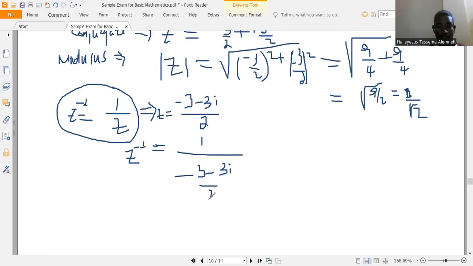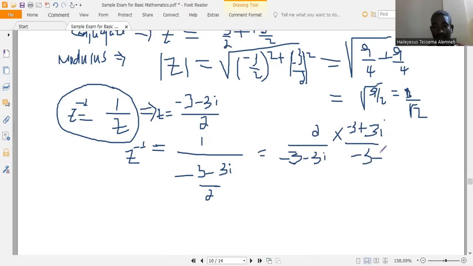Which is the same as 2 over minus 3 minus 3i. This is not in standard form, so let's multiply by 1, using its conjugate, minus 3 plus 3i over minus 3 plus 3i.